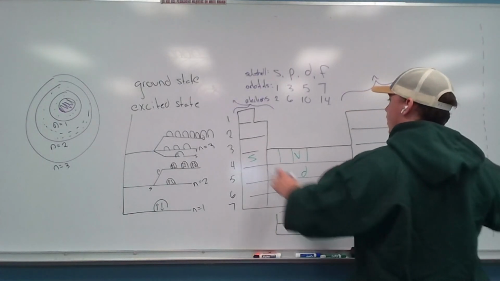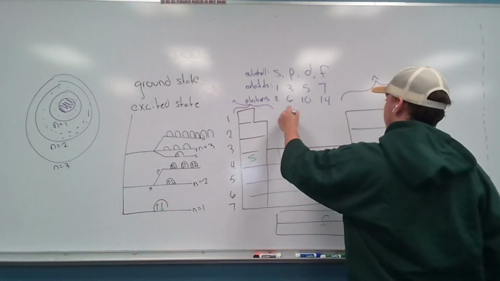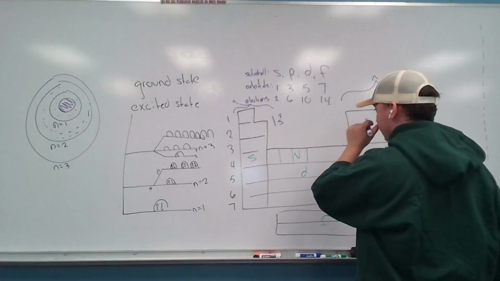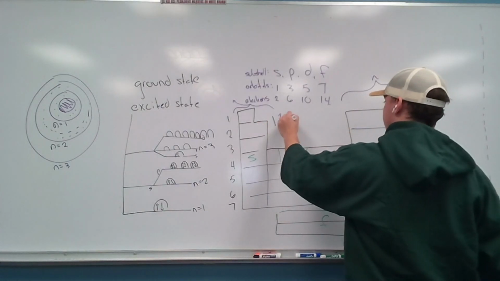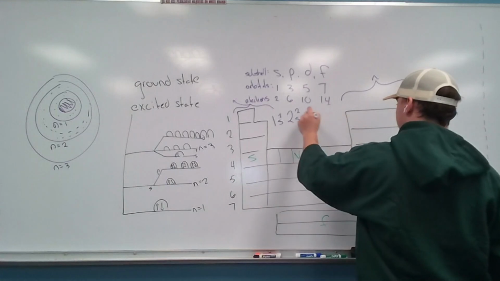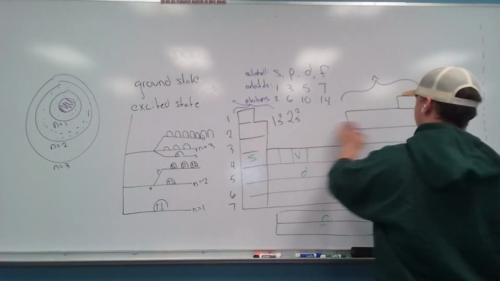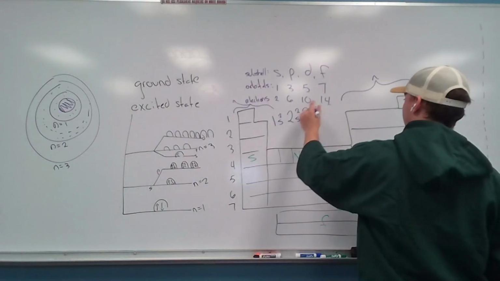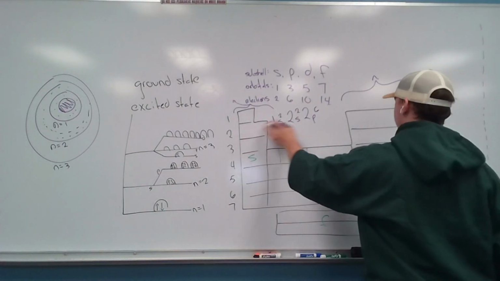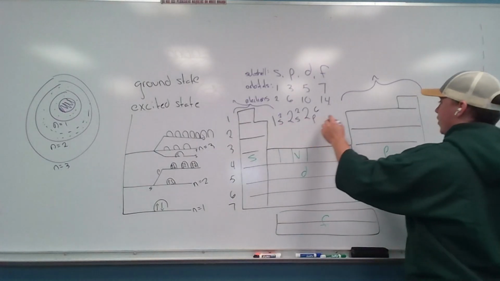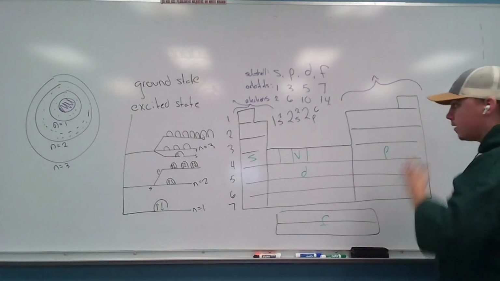I know we have the first row, so it's going to be 1s, and it's all the way full, so it's a 2. We have 2s, which is going to be these two, and it's full. Then 2p, because it's in the p block, so I've gone from 2s to 2p. It's going to be full, so it's 6, and you can see how we fill it up 1, 2, and then 1, 2, 3, 4, 5, 6. So this would be the configuration of neon, but it's not.